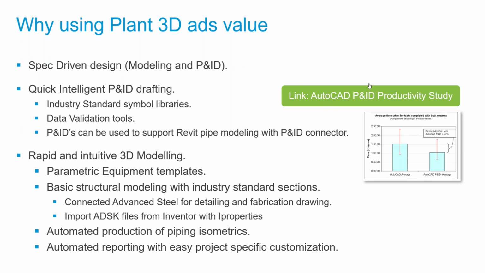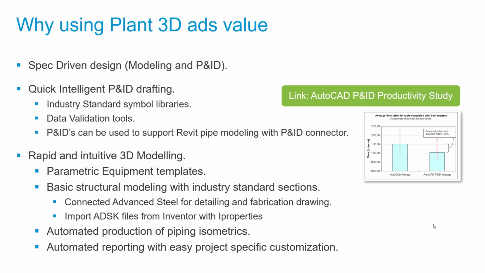And basically, P&ID is a spec-driven design. Plant 3D itself is a spec-driven design, using the spec and the catalog that we create in the P&ID, then into the 3D. It's a very quick and intelligent product. It contains a lot of elements from the industry standards.